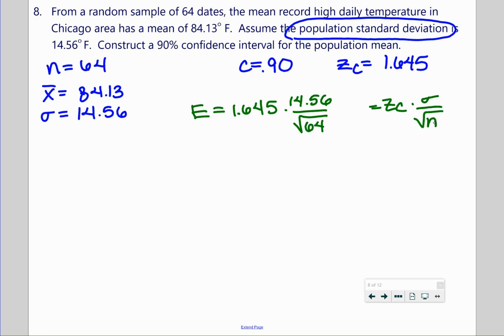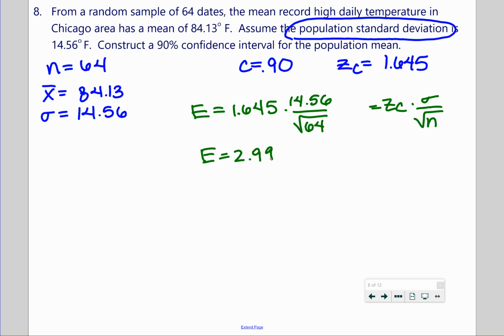If you were to use the t distribution, it's the same formula, except in the numerator, it's the sample standard deviation instead of the population standard deviation. All right, multiply them together. 1.645 times 14.56 divided by square root of 64. I get my margin of error is 2.99.